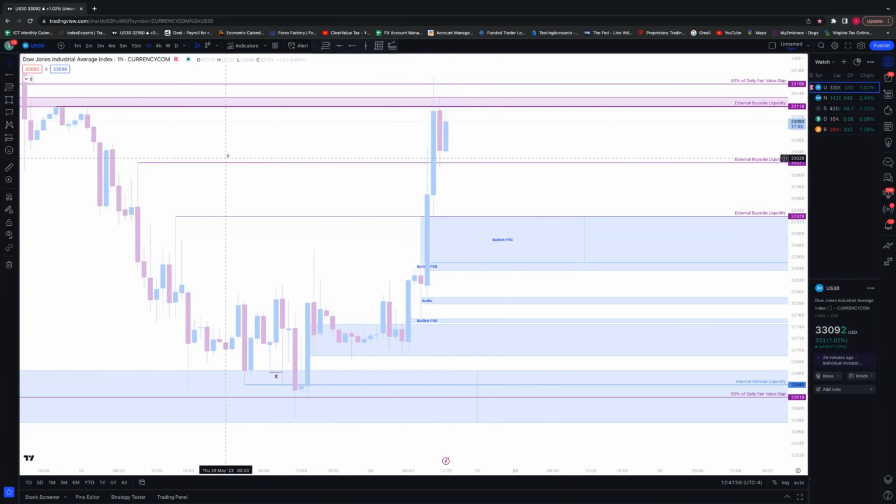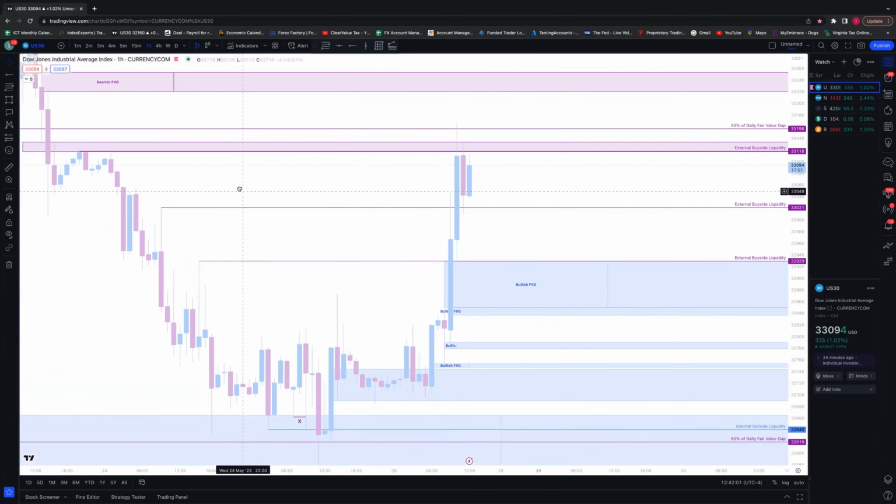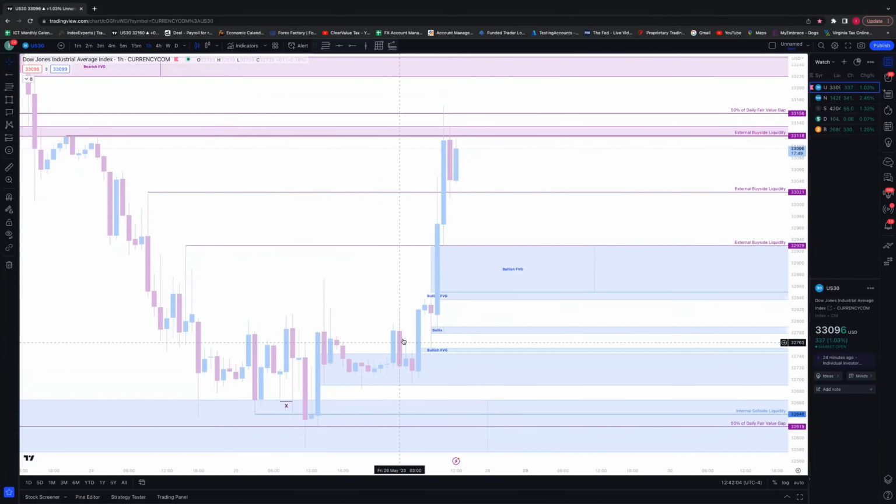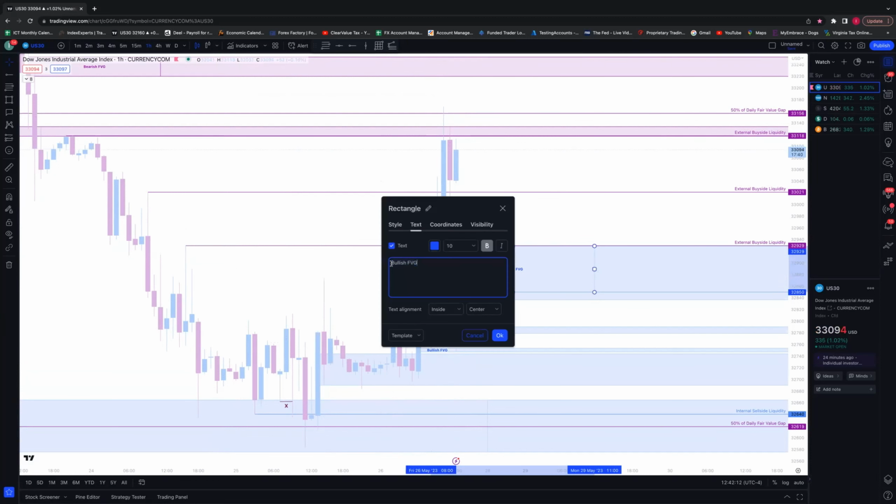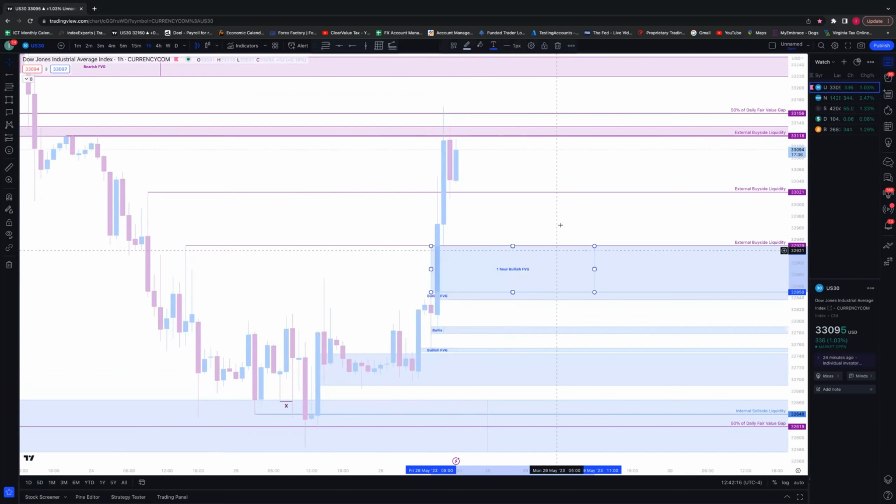So now we anticipate that, for instance, let's just say if we touch the 50% of the daily fair value gap, we can come back to this 1-hour bullish fair value gap.